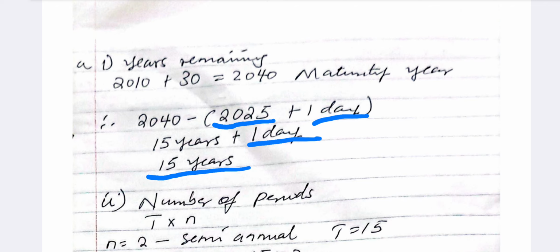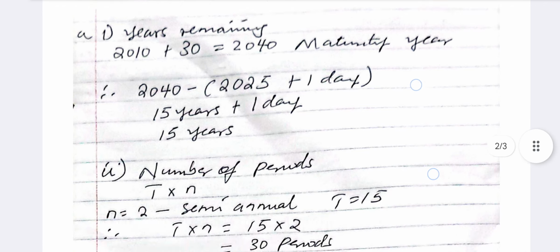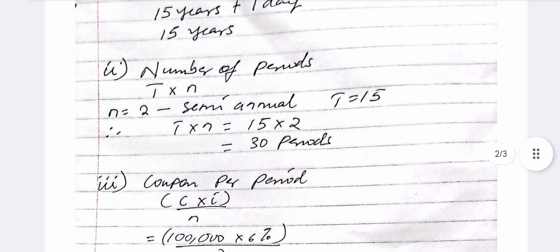Okay, so after we've gotten this, the next thing we're going to do is calculate the number of periods involved. Number of periods is given by this simple formula that I have highlighted here, which is the time left before maturity times the number of times that the coupon is paid.